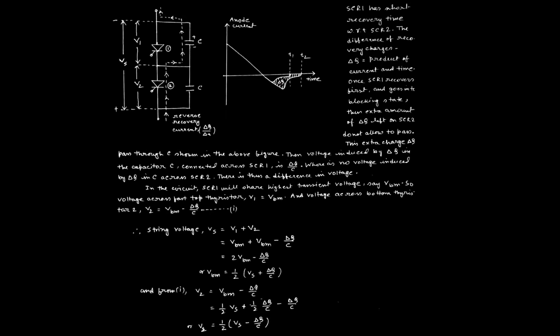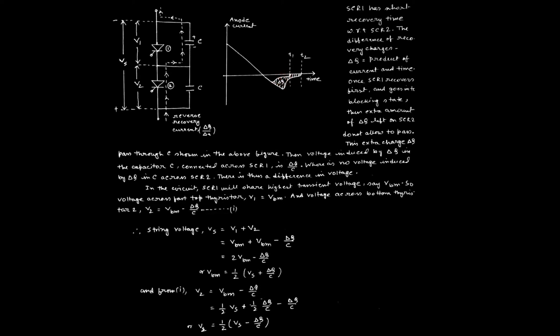As we know, that is the characteristic curve during the turn-off process. T1 is the time for the first SCR, SCR1, and T2 is the time for the second SCR. That means when the first SCR has already turned off, the extra del Q amount of charge should be stored across this capacitor, due to which the turn-off time of SCR2 is large with respect to SCR1.